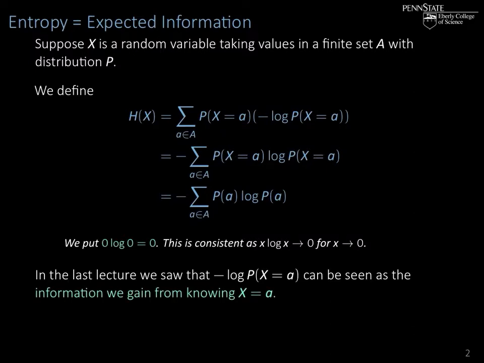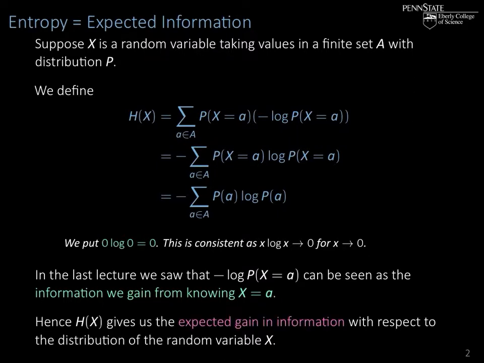So what is the motivation behind this definition? Well, in the last lecture, we saw that this function here, minus logarithm of probability, can be seen as the information we gain from knowing that a random variable takes value a. But if we look at this expression now, that's just the expected value of this function, right?